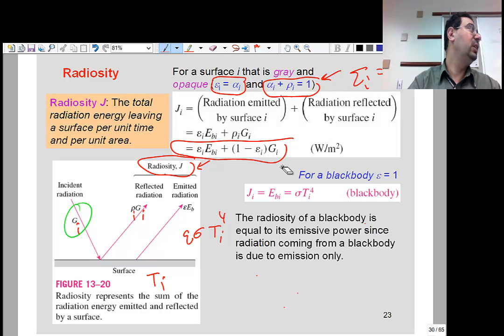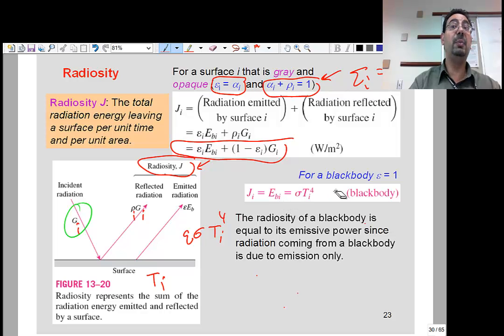Why will nothing get reflected out of a black body? Because it absorbs everything. It's like a black hole, but not with gravity. It's a black hole for radiation. It absorbs everything, and it radiates with E b I, not a fraction of it, the whole thing, sigma T to the 4th. So for epsilon equal to 1, this falls down to this: J I becomes E b I.